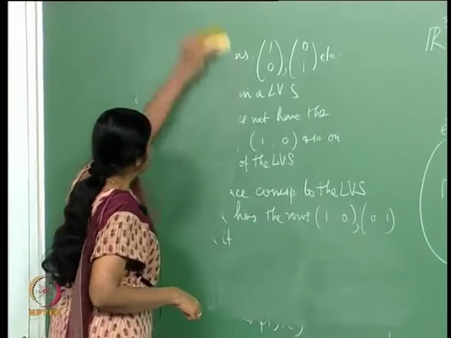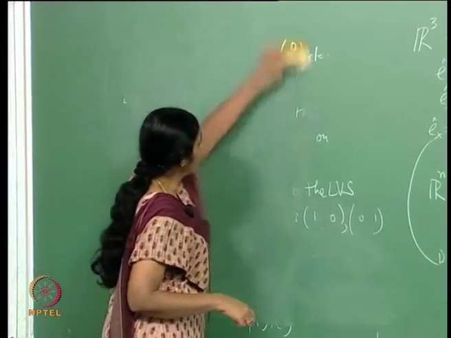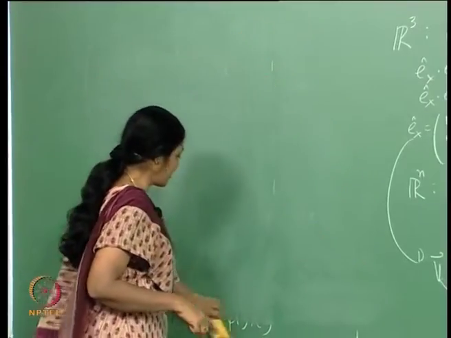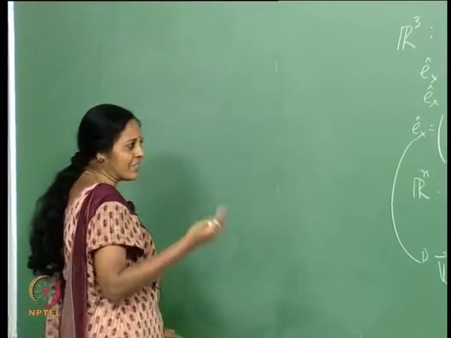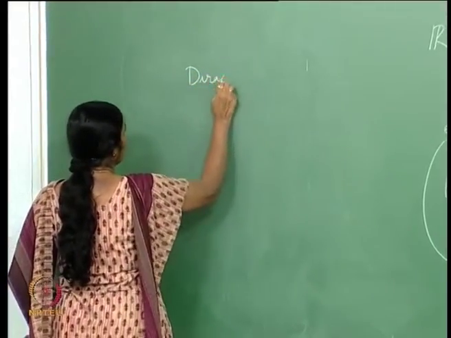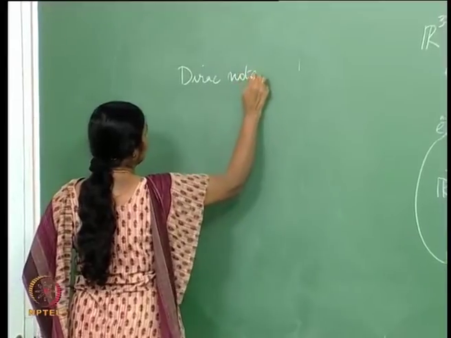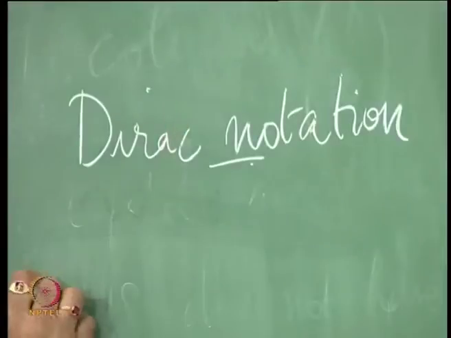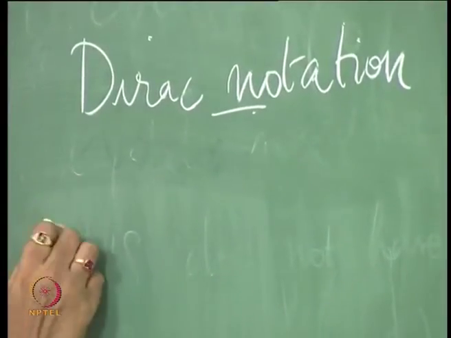This notation, given to us by Dirac, one of the founding fathers of physics and quantum physics, the Dirac notation, is as follows.